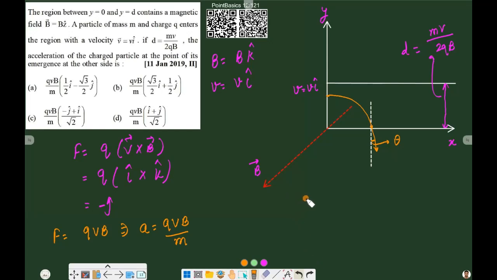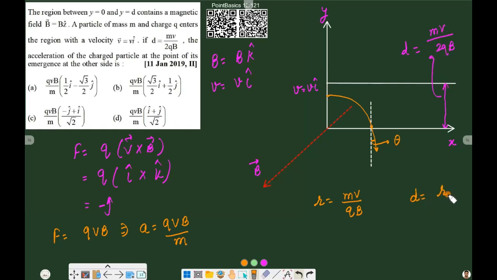For that, first we have to find out the radius of the particle. The radius of the particle is given by m v by q b. That's the default formula for the radius. And if we compare it with d, we know that d is equal to m v by half of q b.